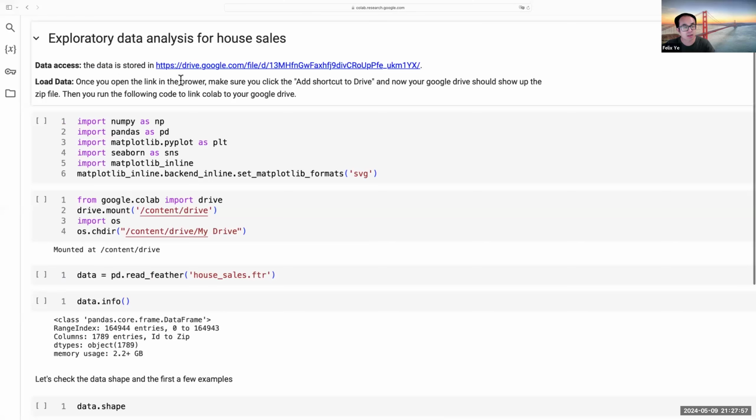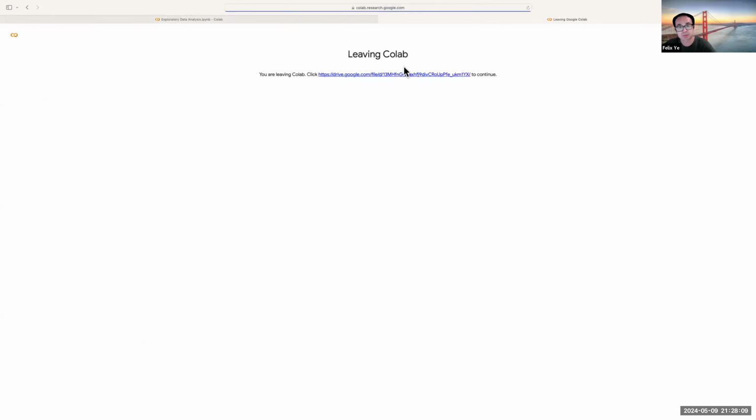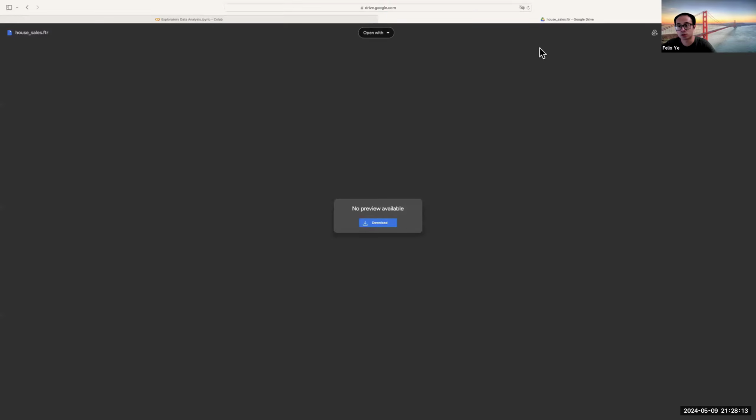The data is actually stored right here, and if in these courses you are going to work with a very large data set, that's how you access those kinds of data sets. So you click this button.